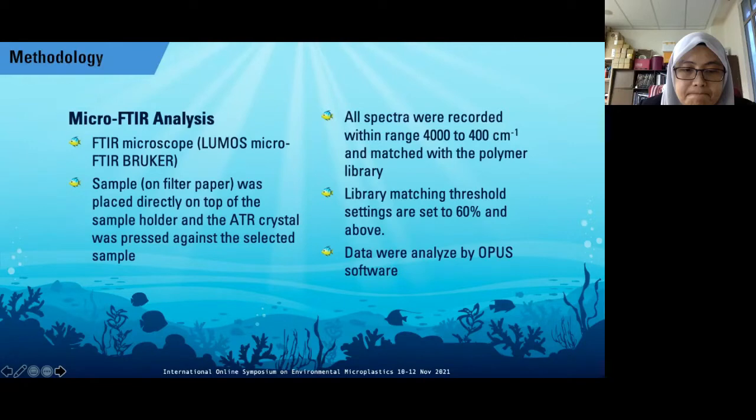Before the analysis, the filter paper containing microplastic is placed directly onto the sample holder, and we use the ATR germanium crystal to press against the samples, and we do point-to-point analysis because we are using ATR.